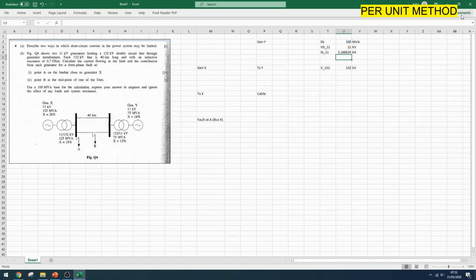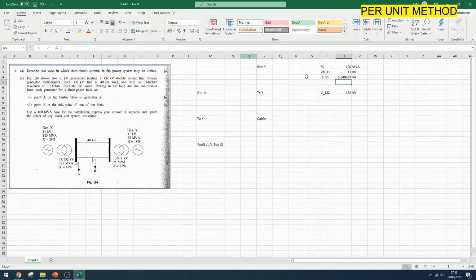So that would be around 5.2489 kA lah. Okay. So the Z base at 11 would be equal to V squared over S, which is your voltage squared divided by your 100 MVA. So that's 1.21 ohms.